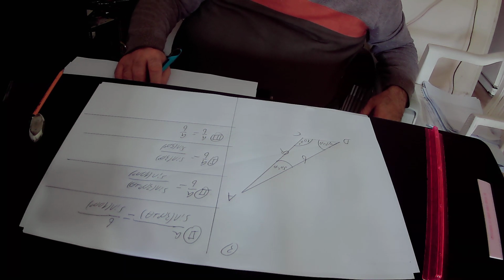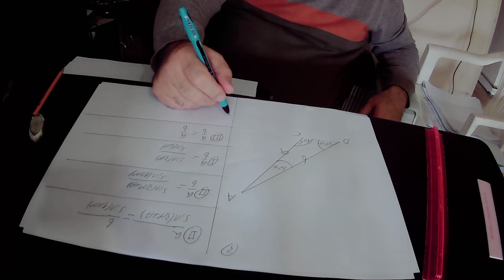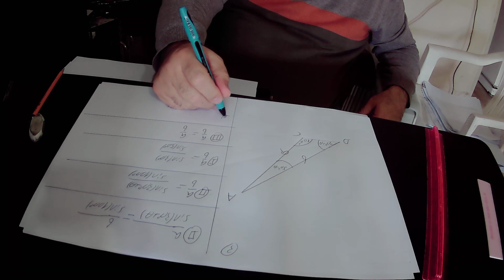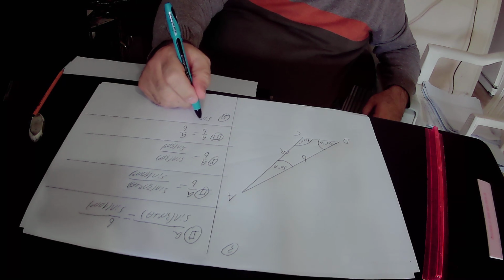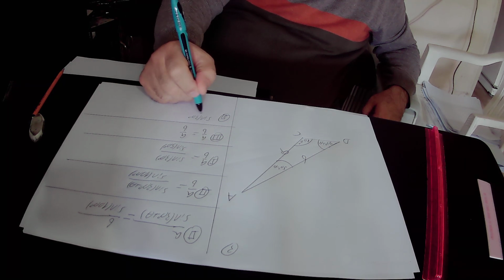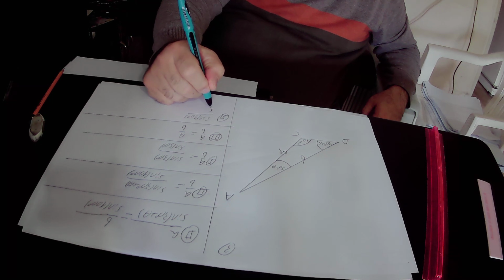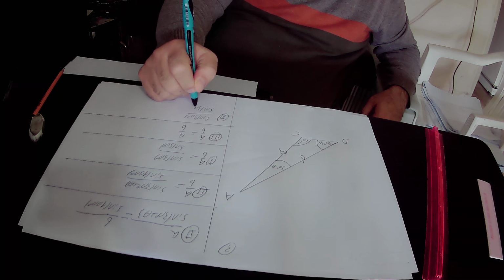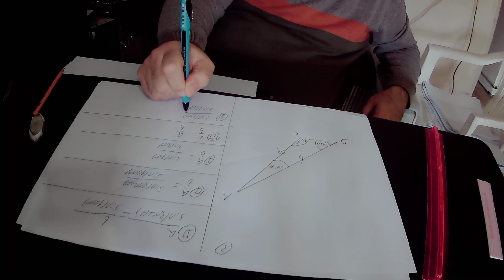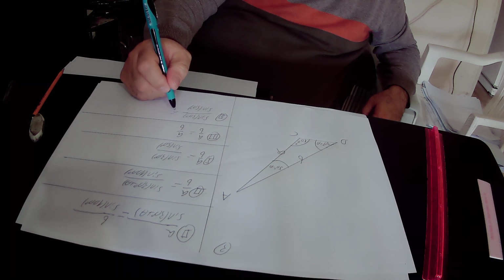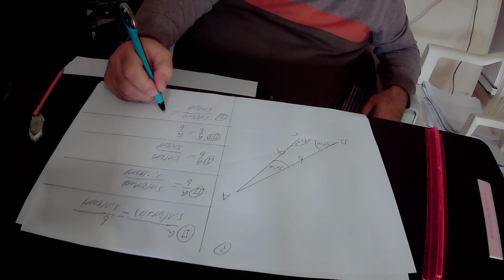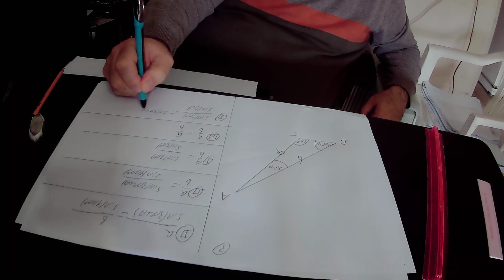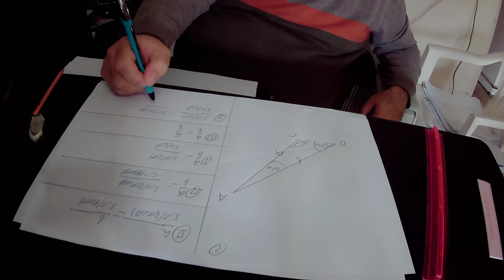A over B according to equation number 1 is equal to sine 30 degrees over sine 50 degrees, and it equals A over B according to equation number 2, which is equal to sine 30 degrees plus theta over sine 100 degrees.